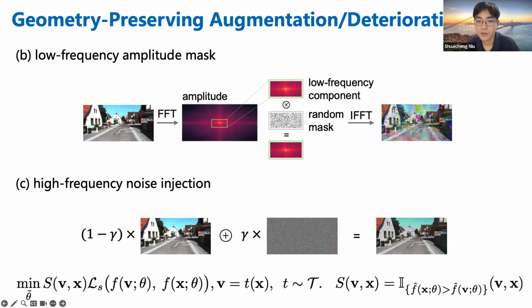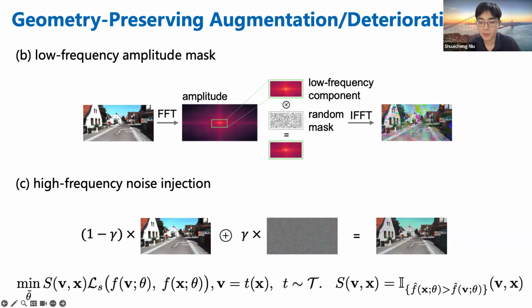Specifically, on classification logits, we select only logits where the prediction from the original target view is larger than that from the weakly augmented view to perform similarity loss calculation. This is because the original view is not deteriorated, and ideally it could have a higher prediction confidence. So that's all about the method part.